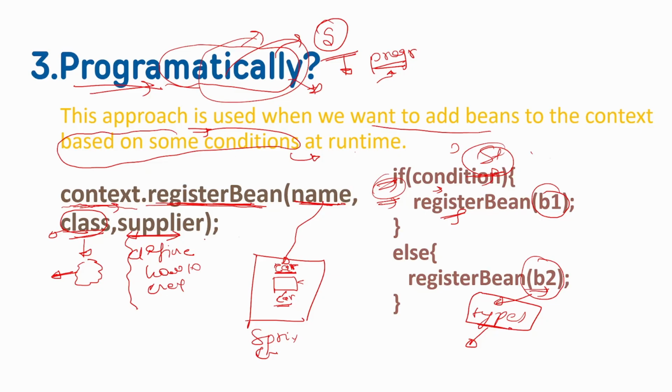A supplier is a functional interface that takes nothing and simply returns something. So we have seen the syntax, and let's see how we can programmatically register the bean in our Spring context.